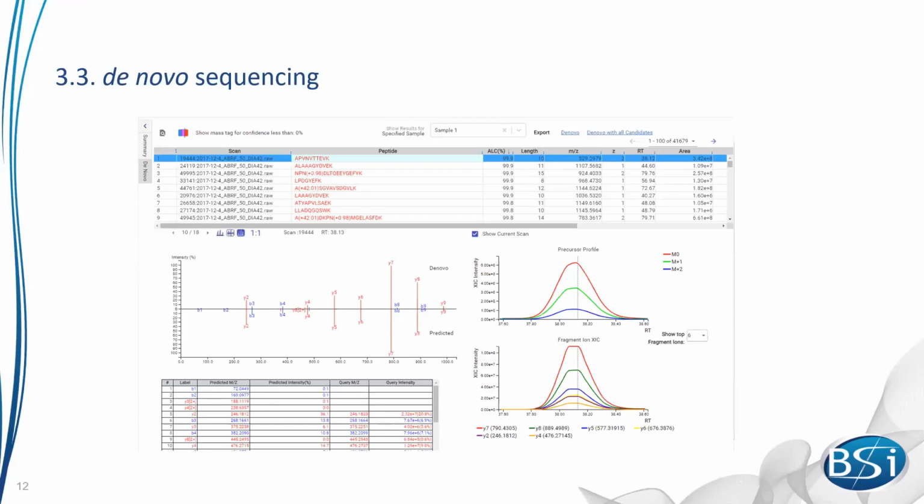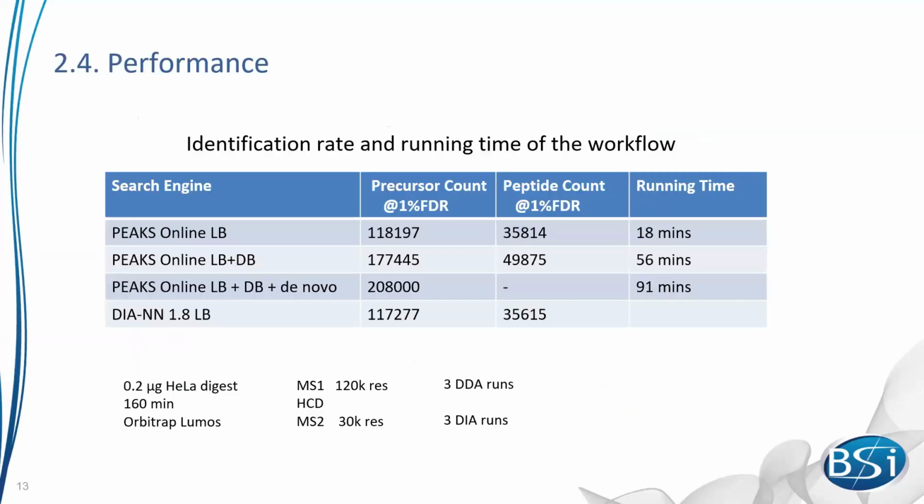sequencing. And here we showed some of those results, from the deep learning technology implemented in PEAKS Online. If we combine the three of those into a streamlined workflow, here I list some data so you can experience the advantage.